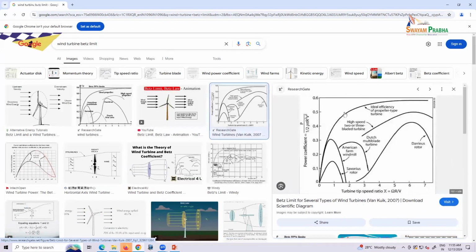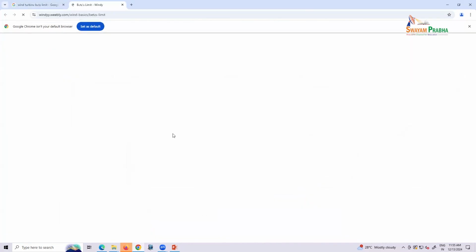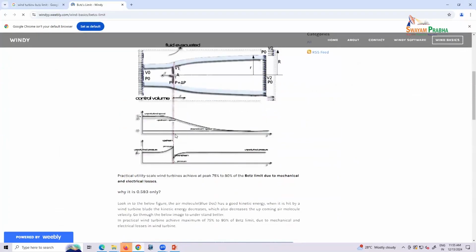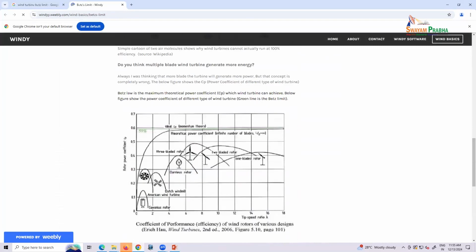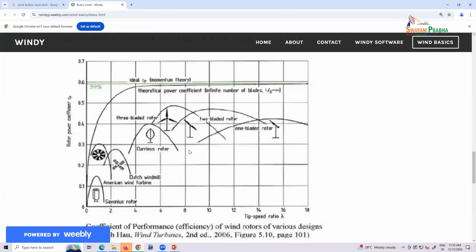Okay, so this is the wind turbine. Look at this figure, right? This ideal efficiency cannot reach 100%, and it also depends on the turbine. I like this figure. Depending on the turbine, you have a different efficiency limit. Take a look at here. You have the popular 3-blade turbine, you can have 2 blades, you can have a 1-blade turbine, you can have the American turbine, and you have the Dutch turbine.